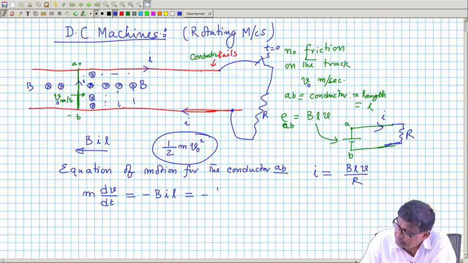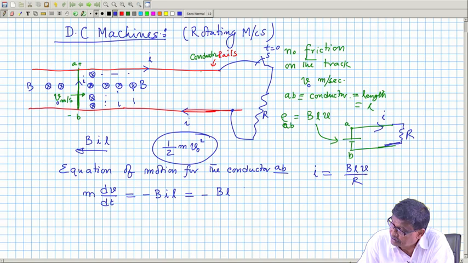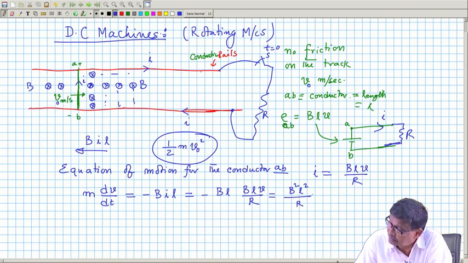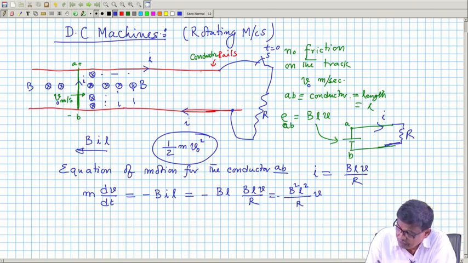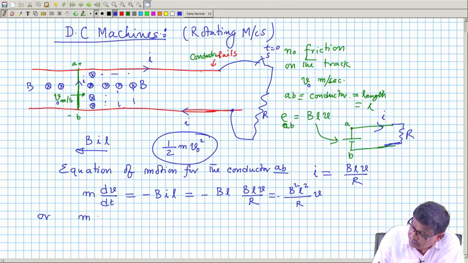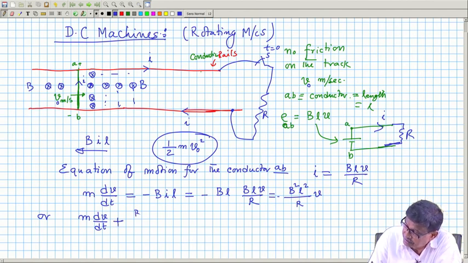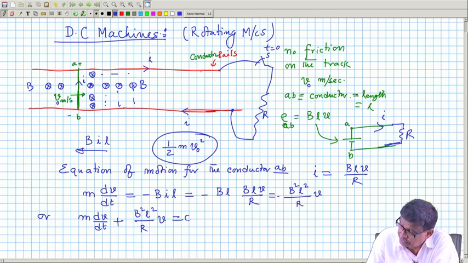So, minus BL and then I is BLV by R. So, that it will become equal to minus B square L square by R into V, or I can write m dv/dt plus B square L square by R into V is equal to 0, and then divide both sides by m.